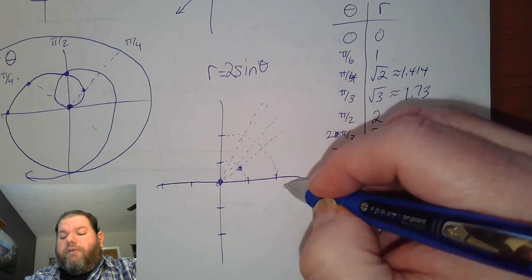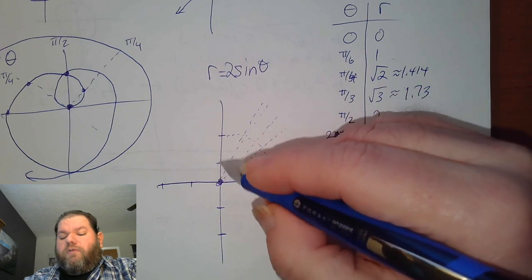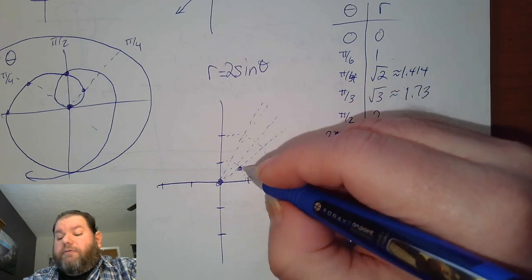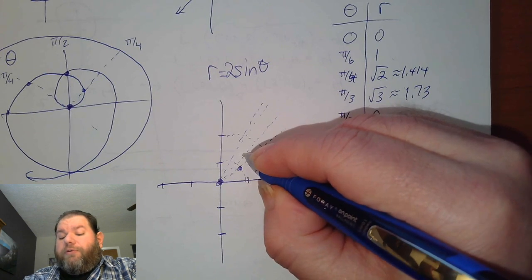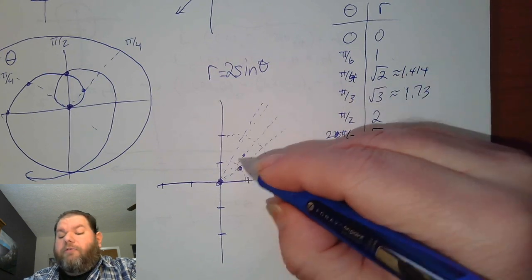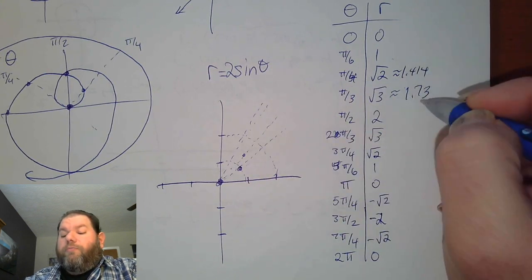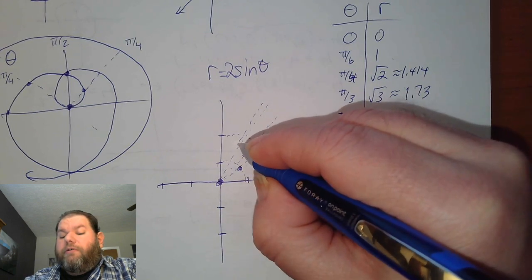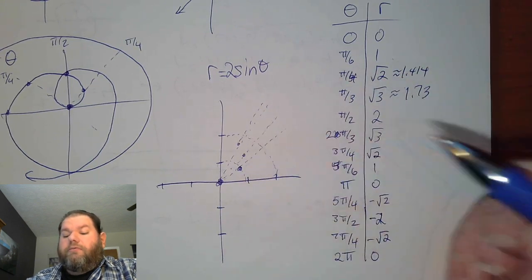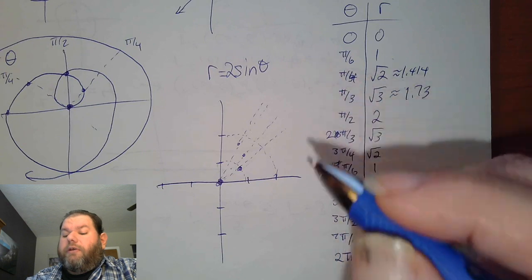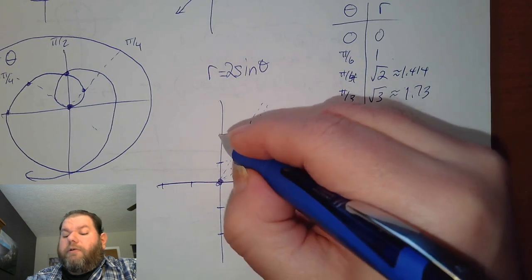I didn't draw those in a great equal scale there. Well, oh well. So 1.4 is a little bit less than halfway between. 1.73 is a little bit closer to 2. And then we get pi over 2, comma 2.